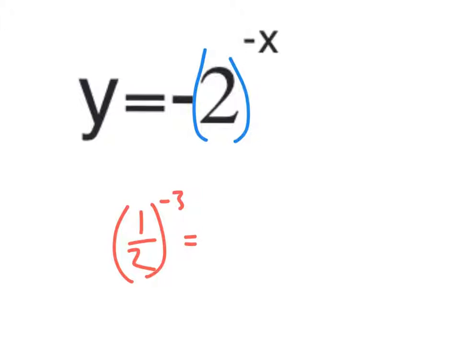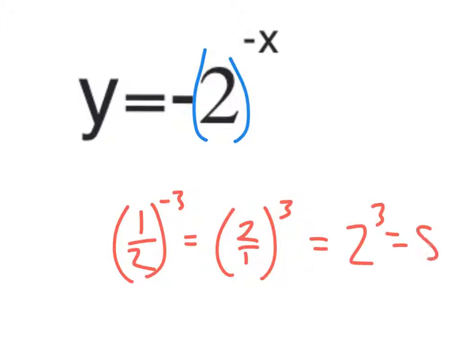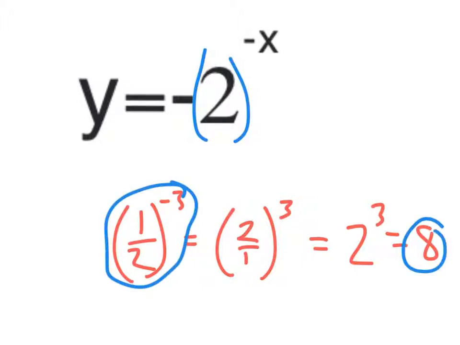Well, the negative that's up here is going to cause the inside value of the parenthesis to flip, to rewrite it as a reciprocal, 2/1, which is now to the +3 power because you already flipped it. And then after that you need to work on the exponent. So in this case it would just be 2 to the 3rd, which would be 8. So when you think of 1/2 to the -3 power, that's a fancy way of saying 8.